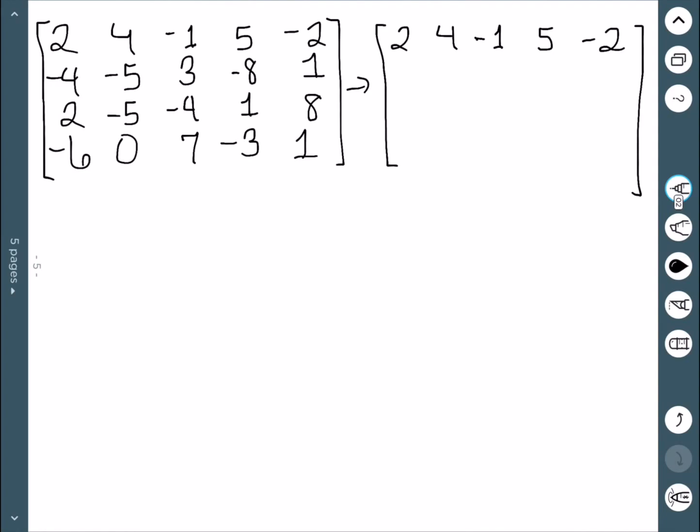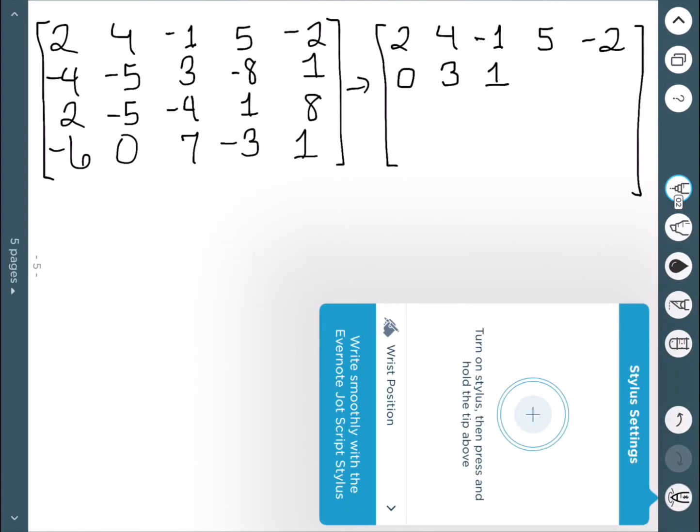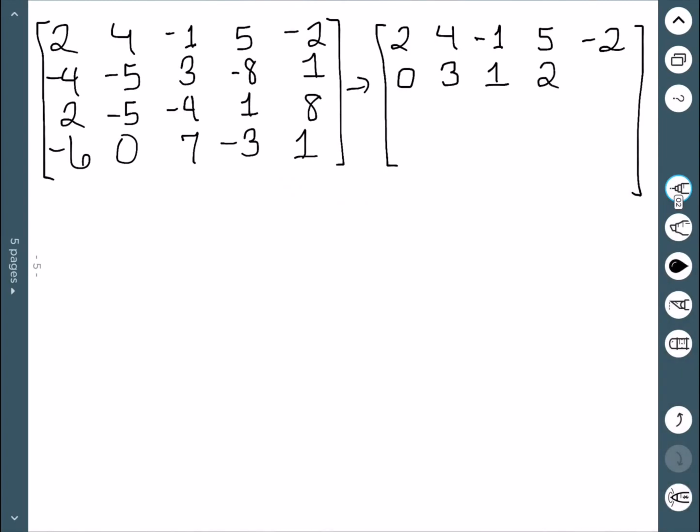To get a 0 in the second row, we would need to do 2 row 1 plus row 2, because 2 times 2 is 4, minus 4 is 0. That would also give us 8 minus 5, which is 3, negative 2 plus 3, which is 1, 10 minus 8 is 2, and negative 4 plus 1 is negative 3.